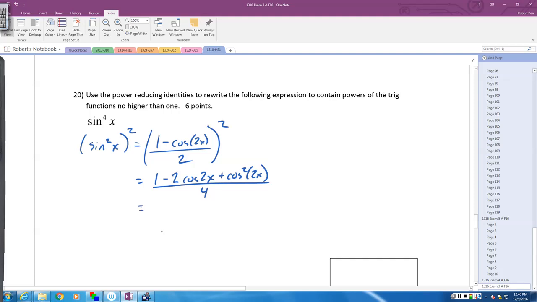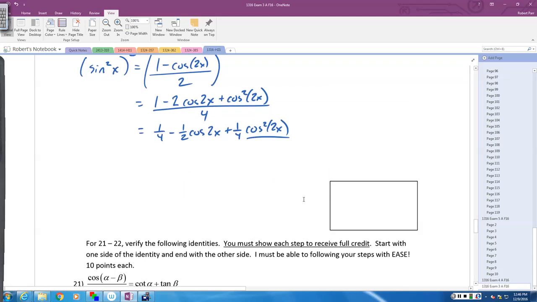Now, we want to write this with powers of trig functions no higher than 1. So I don't want a cosine squared here, so what am I going to do with that cosine squared? Yeah, I'm going to use the power reducing identity again. So this is cosine squared of 2x. The power reducing identity for cosine squared is 1 plus cosine of twice this angle, which would be 4x this time, over 2.